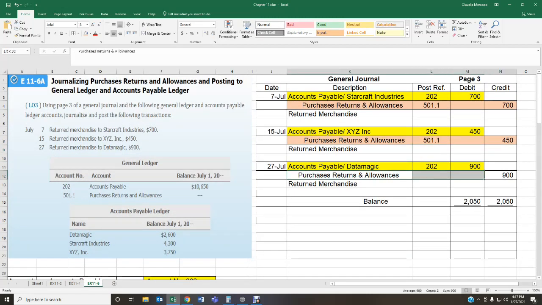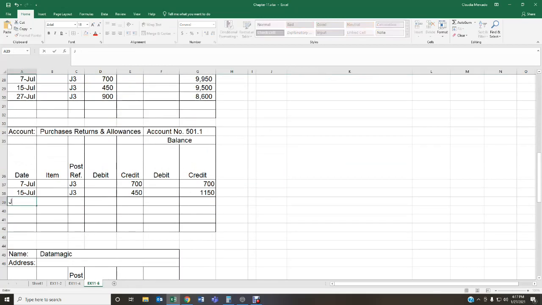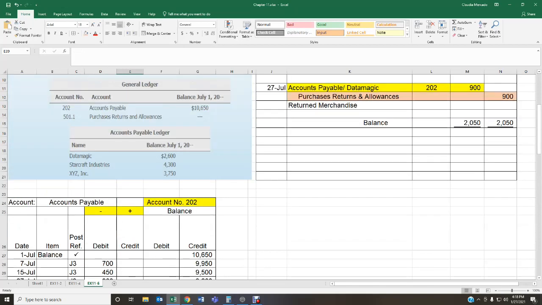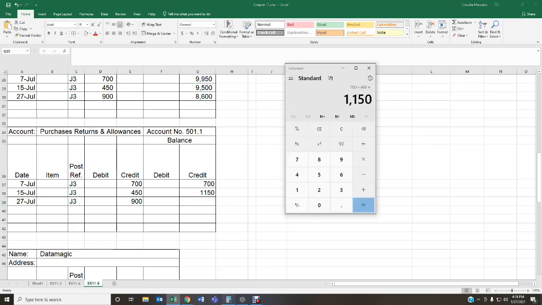And then I have my last purchases, returns, and allowance of $900 on July the 27th. This is on journal 3, and it is $900. And I'm going to add 1150 plus 900. That gives me $2,050.